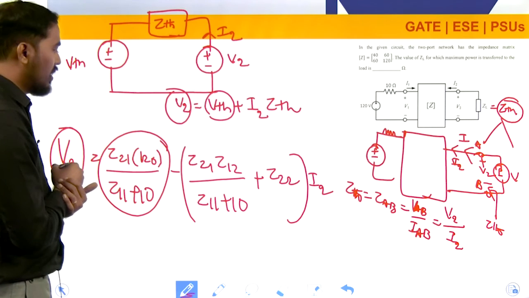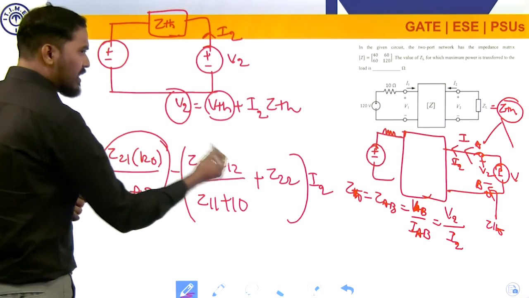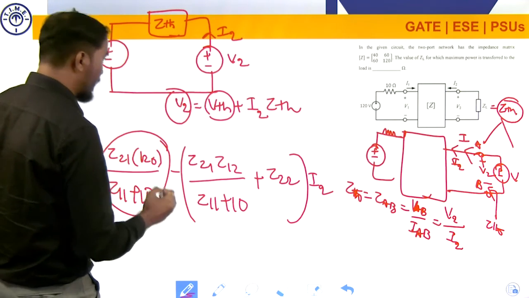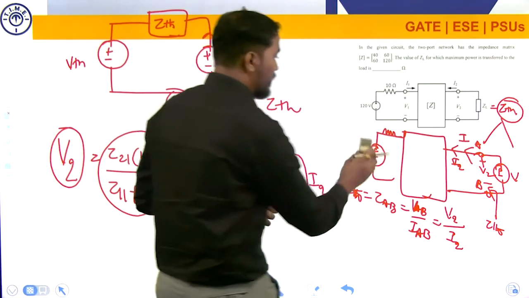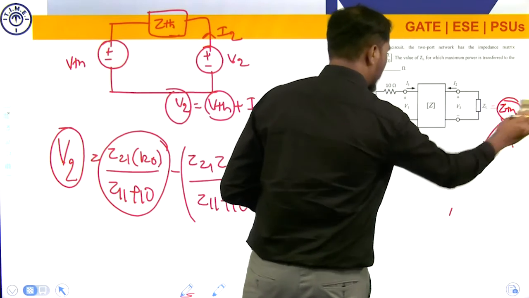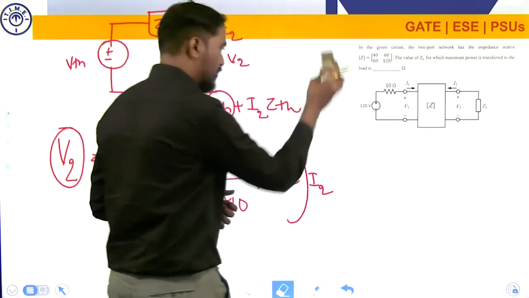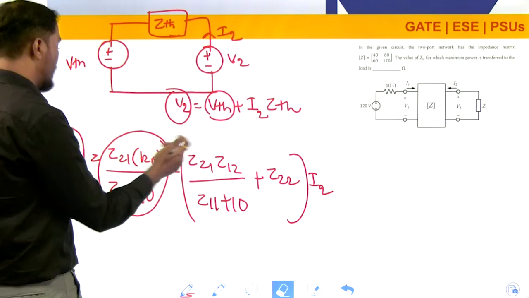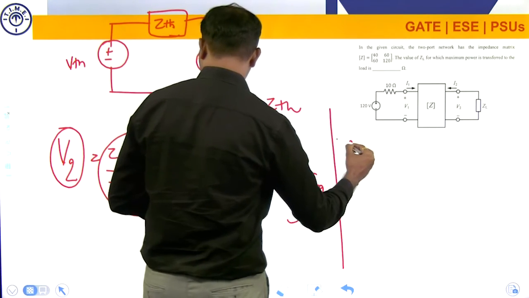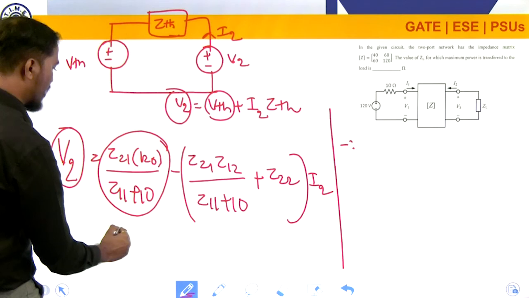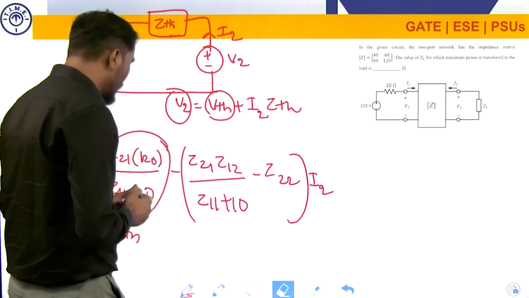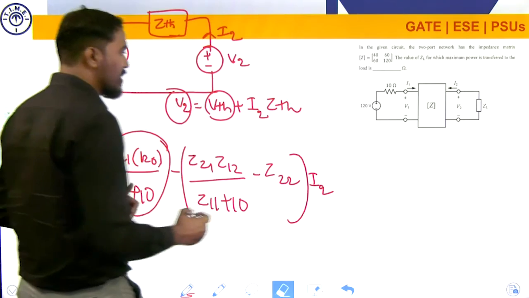Okay. Now if you send minus inside, what are you going to get? I shall erase this portion. If you send minus inside, you are going to get this whole term, which I will simply call VTH. So if you compare the coefficients, this whole term I can call VTH.